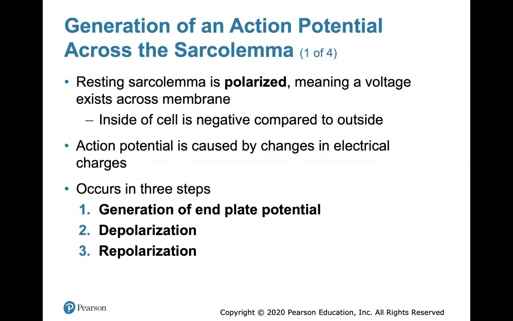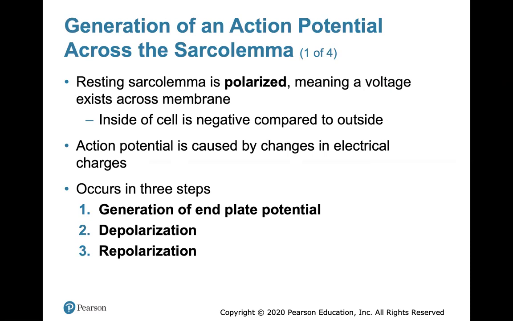So how do we generate an action potential, which means how do we excite this muscle fiber when acetylcholine binds to receptors? Well, the resting sarcolemma, or the plasma membrane of that muscle fiber, is polarized, meaning there's a voltage that exists across the membrane.